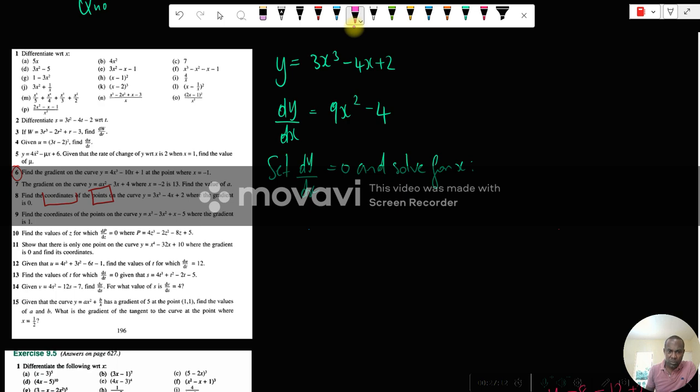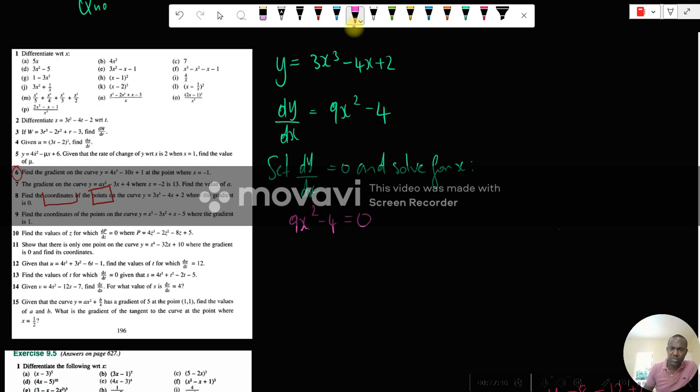So let's do that. We have 9x squared minus 4 is equal to 0. Now, you should be able to recognize expressions of this type. Can anybody identify this type of expression, such as 9x squared minus 4, x squared minus 1, 4x squared minus 25?